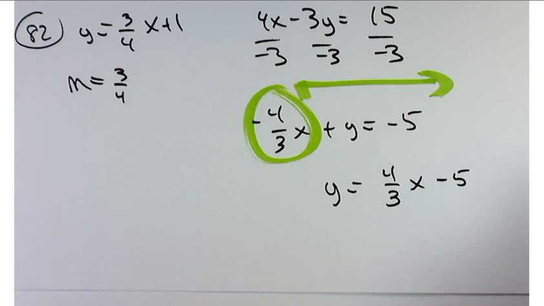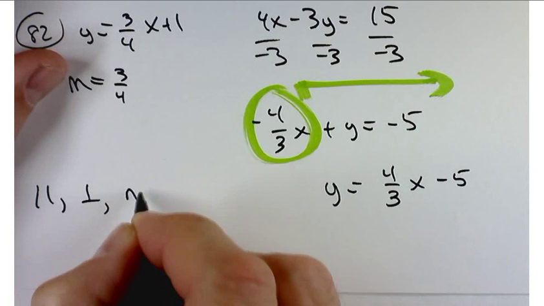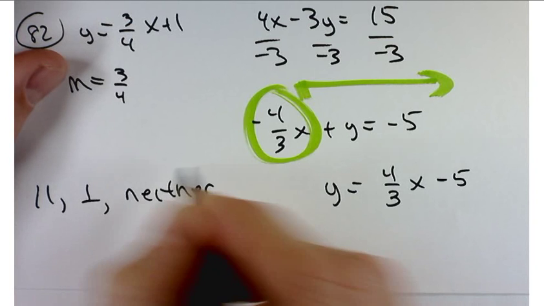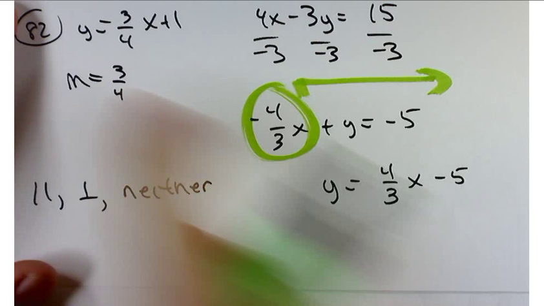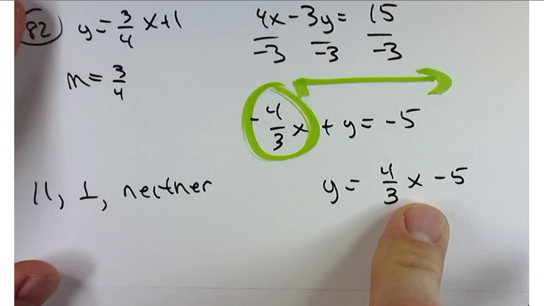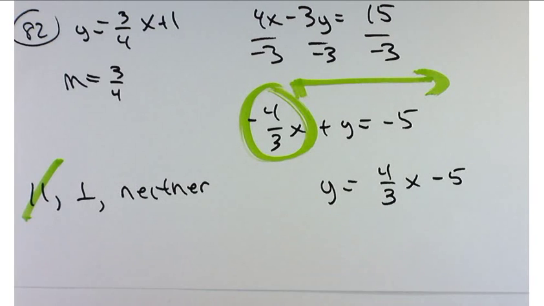So, same question. Parallel, perpendicular, or neither? Well, let's do the easy part first. Are these parallel? What would have to be true if they're parallel? They'd be the same. Are they perpendicular?